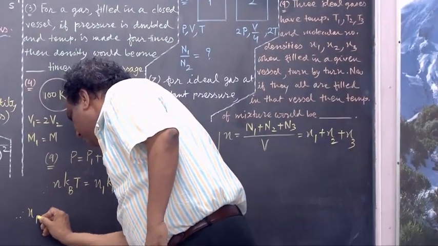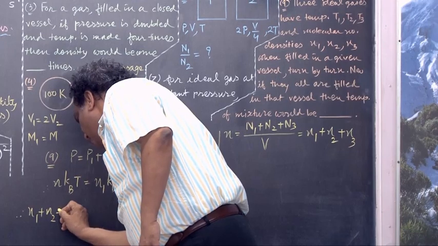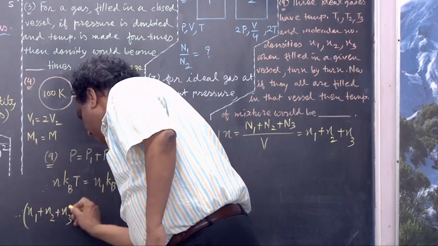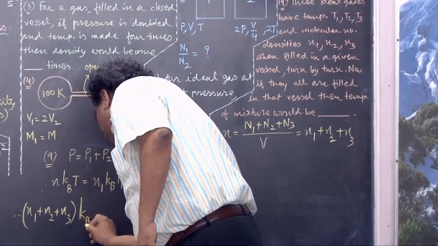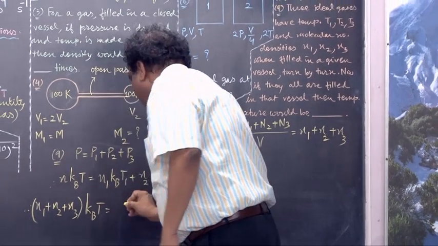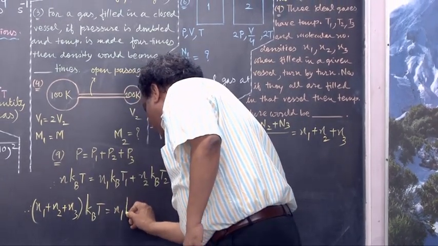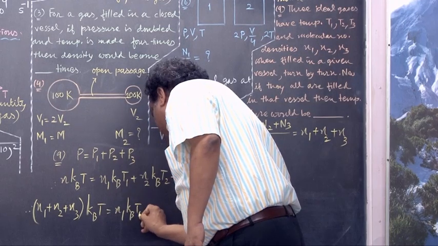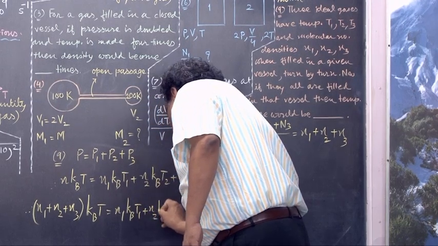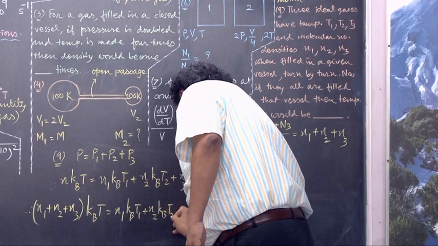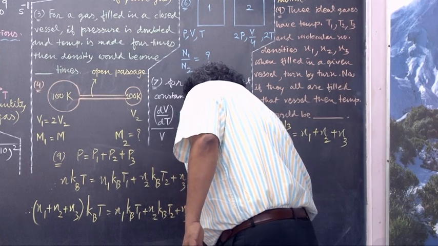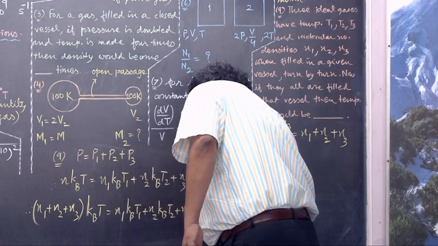So instead of n, I am putting n1 plus n2 plus n3, into kB into T. Correct? And that equals n1 kB into T1 plus n2 kB into T2 plus n3 kB into T3.